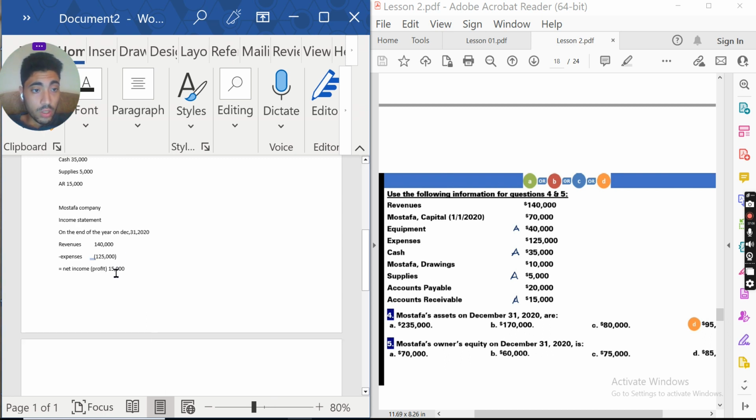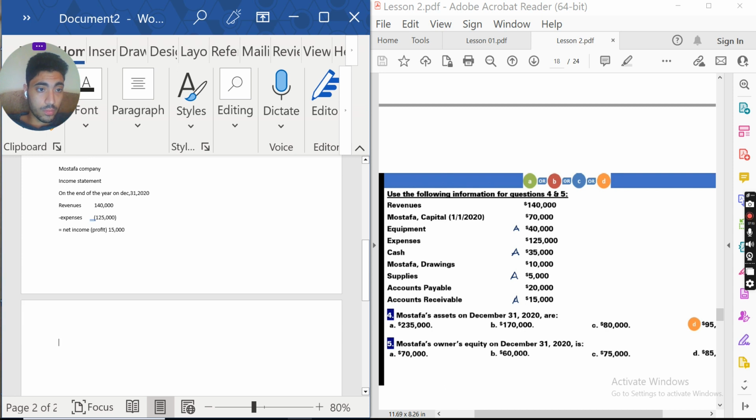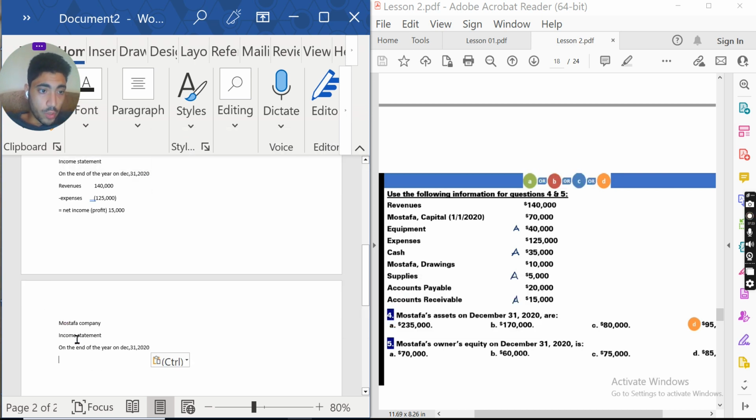Let's move ahead to the next one, please, which is owner's equity statement. We will do the same here. Mustafa company, owner's equity statement on the end of the year in December. Let's do it.